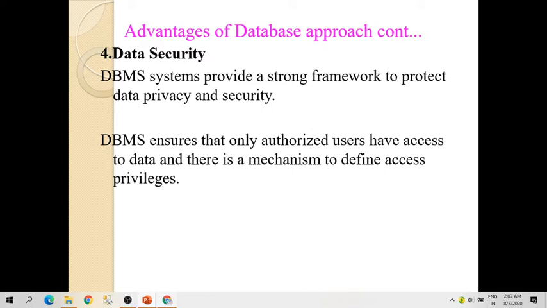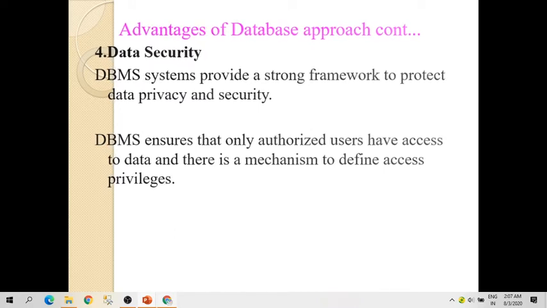The administrator will be giving the privileges to access, modify, or update or change anything. The privileges must be given by the administrator, and only then can the changes be done. So here we can see the privacy and security of the data.